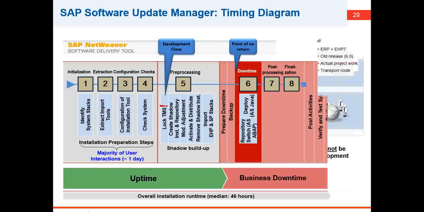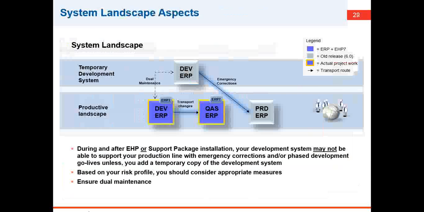Why do we need this? Well, once I've implemented Enhancement Package 7 in my dev system, and then once I've implemented that in my QAS system, I'm in the process of testing. Your longest window may be between QAS and prod while you do your regression testing and user acceptance testing.